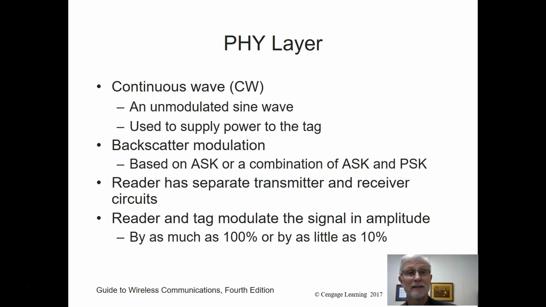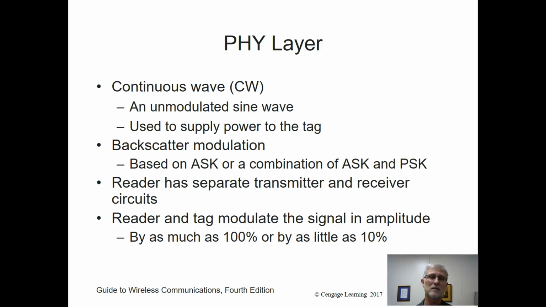Now you're going to hear the term continuous wave or CW, and basically all this is an unmodulated sine wave, and it's used to supply power to a tag. So if I've got a passive tag, once the reader hits it with this continuous wave, it then powers up that tag.